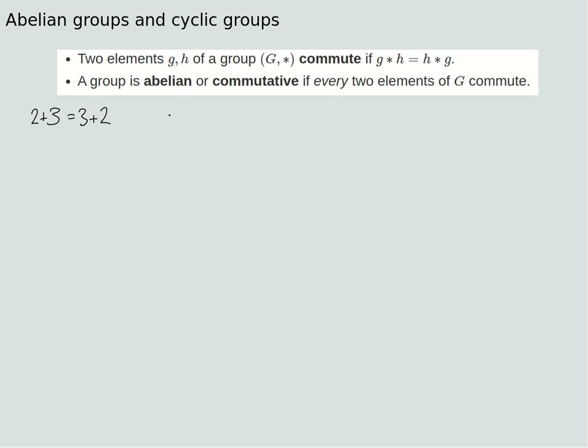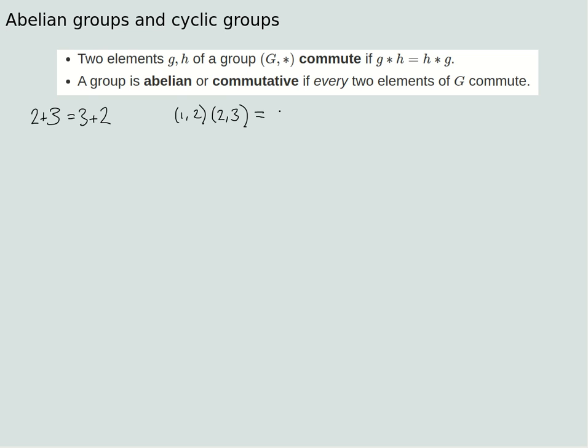On the other hand, if we work in the symmetric group, so if we look in S3, for example, if we look at the permutations (1 2) and (2 3), here the group operation is composition, as usual. I'm not going to write down the actual group operation. I'm just going to write these side by side to indicate that we combine them using the group operation.